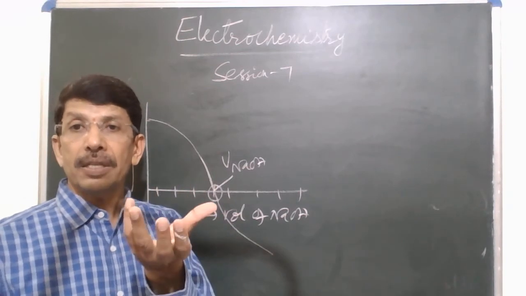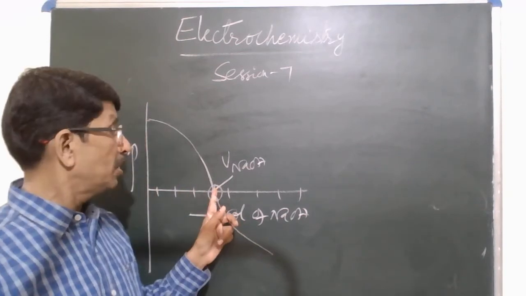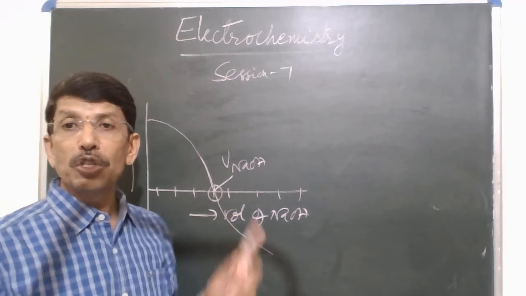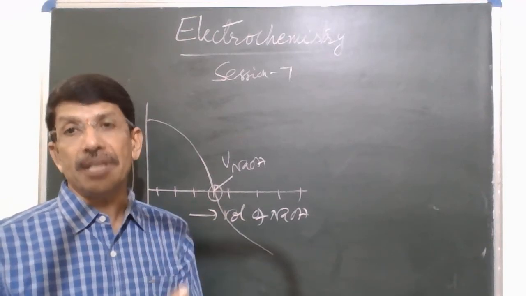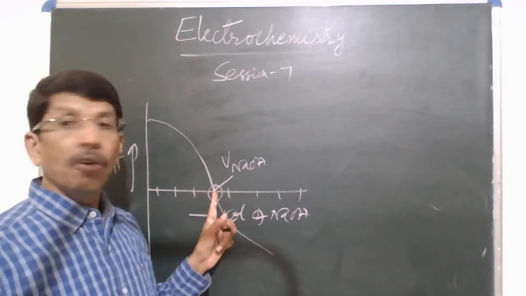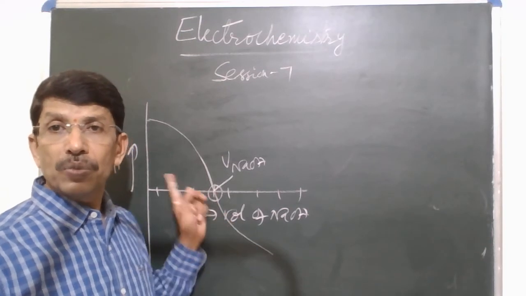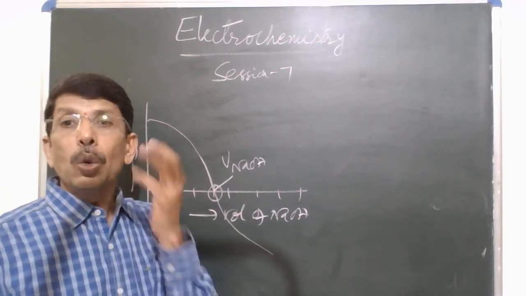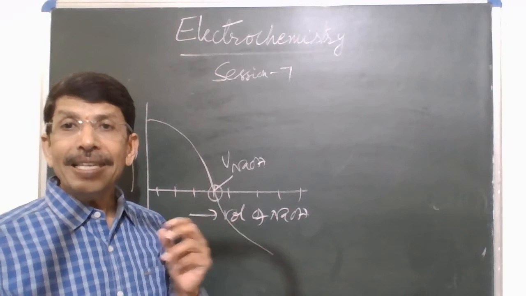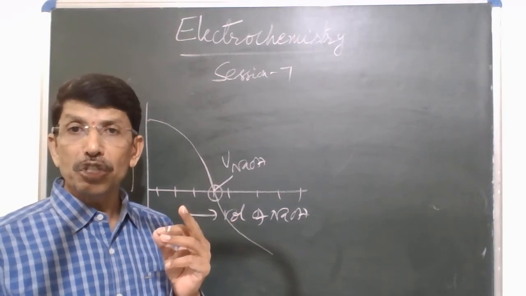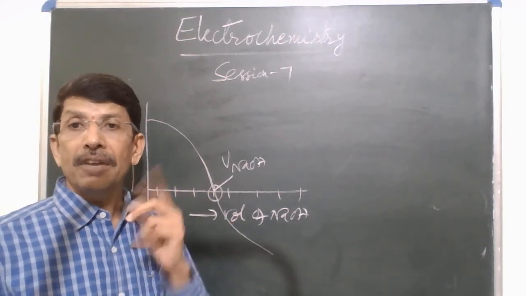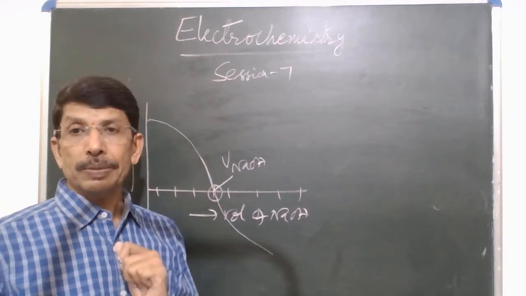Say if 20 cm cube of HCl is taken, this is the volume of NaOH required to neutralize completely the 20 ml of HCl taken. So this is how, from the graph of EMF versus volume of NaOH, we can determine the volume of NaOH consumed by the HCl for its complete neutralization.